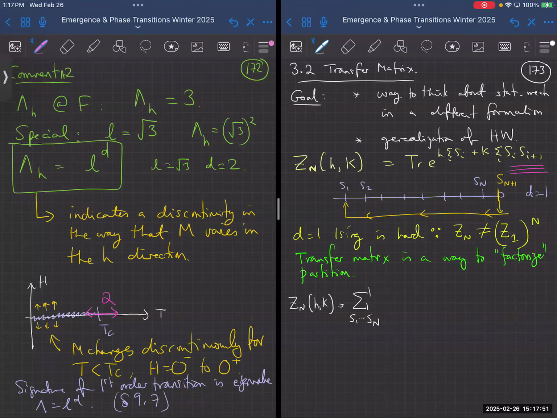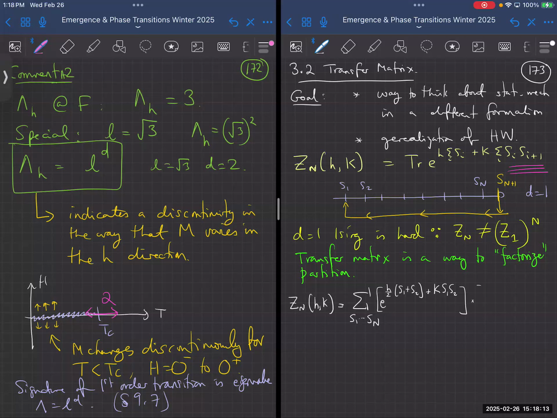So I'm going to write it like this: e to the h over 2 (S1 plus S2) plus k S1 S2. So that's the first term.